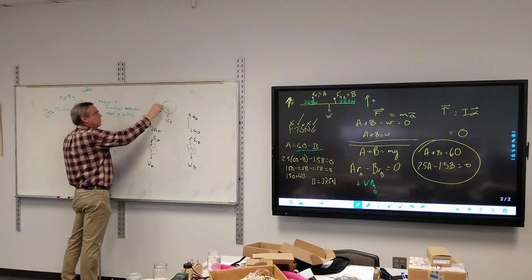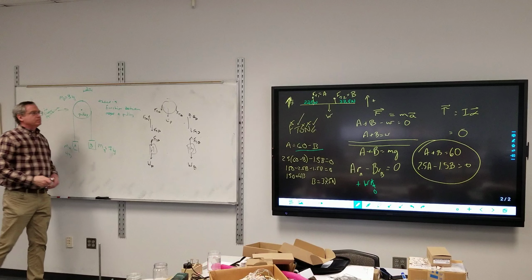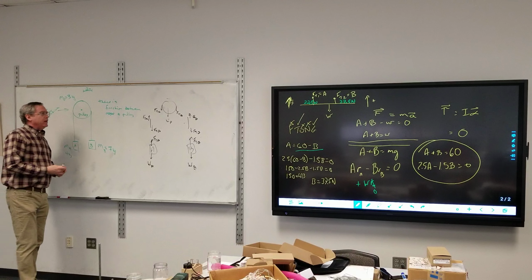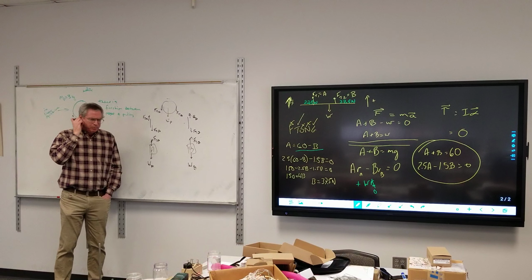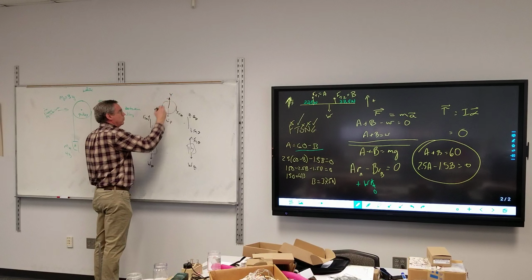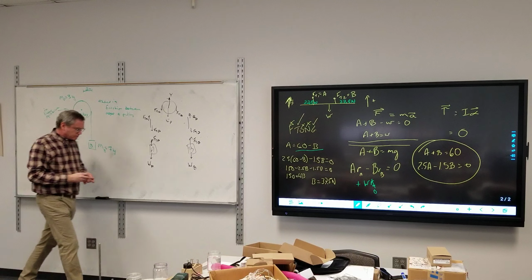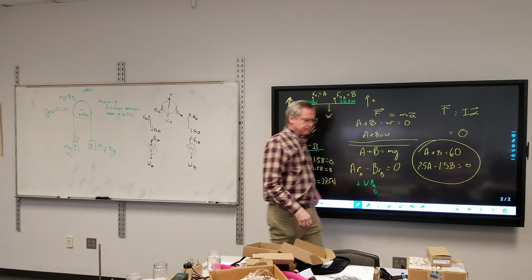Yes. And there's gonna be some force holding up the pulley. I don't know what it is. It's happening at the center, so we'll just call that Y. It's gonna be equal to the sum of those 3 forces acting down, but we don't care about that one.